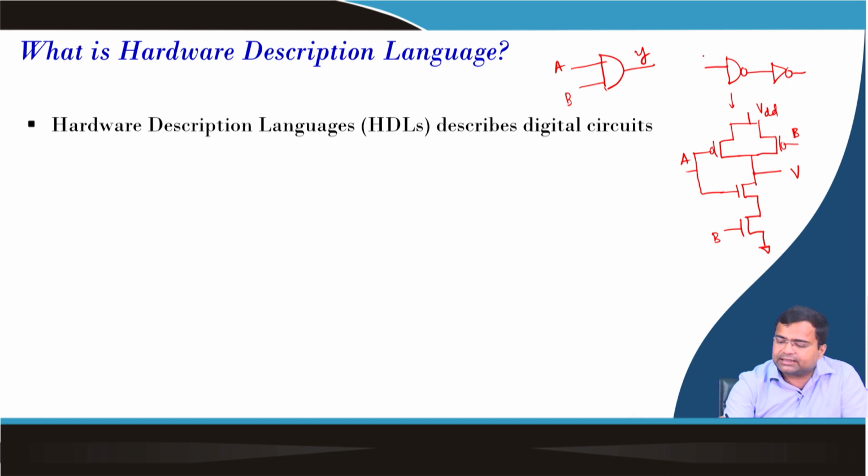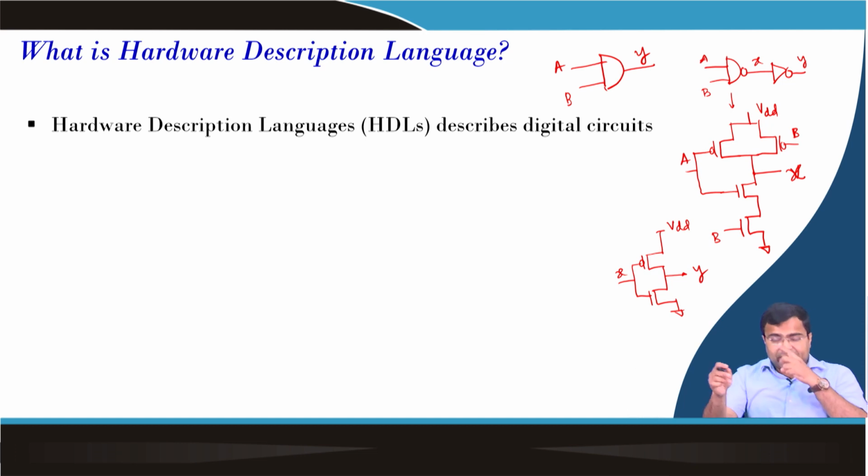We need two inputs, A and B, and the output of the NAND gate will be X. Then we will have a simple inverter. This is X, this is again VDD, ground, and this will be Y. So we can even describe this at the transistor level.